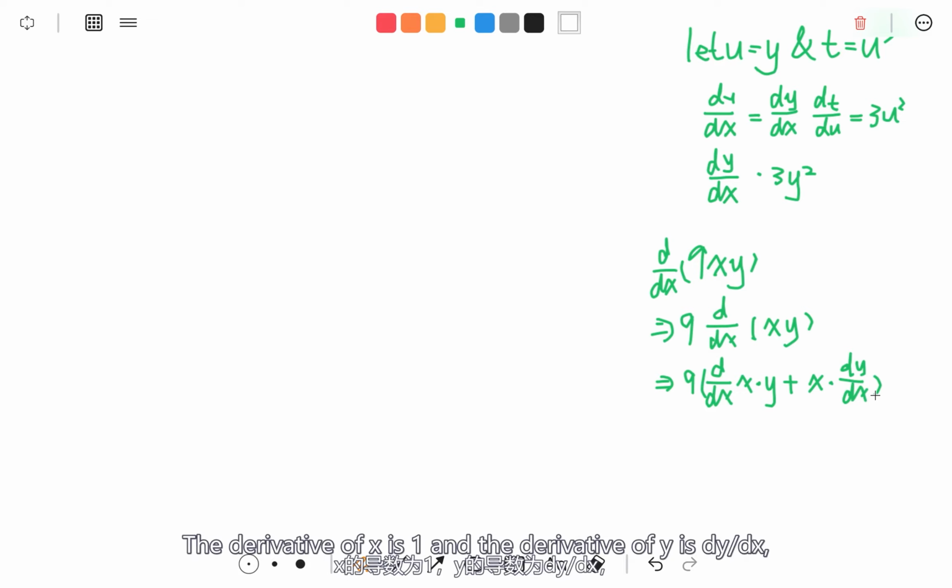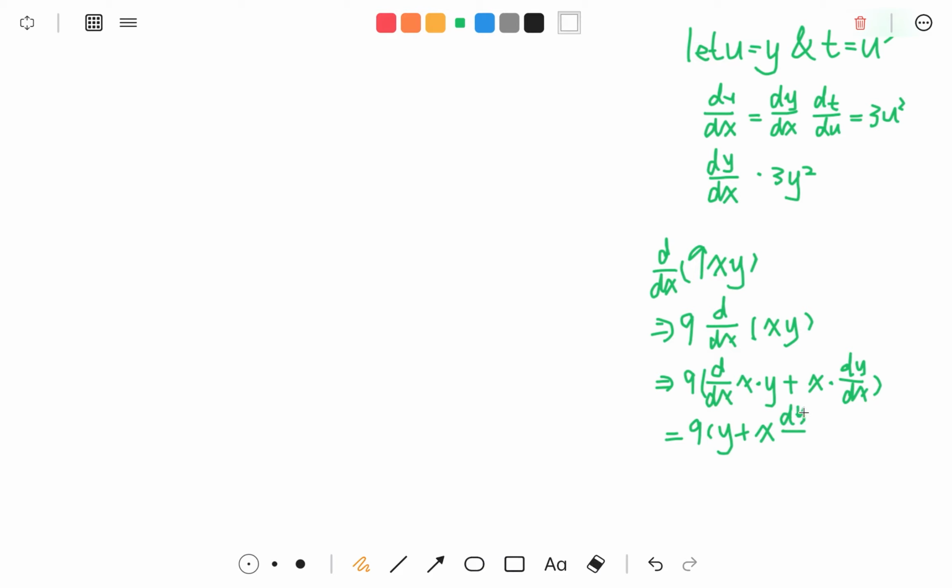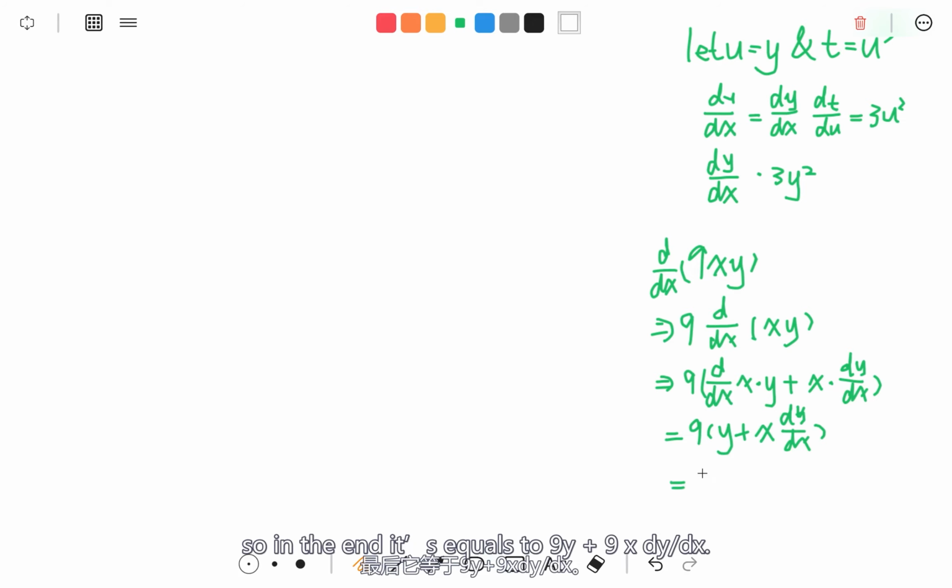The derivative of x is 1, and the derivative of y is dy dx. So in the end, it will equal 9y plus 9x dy dx.